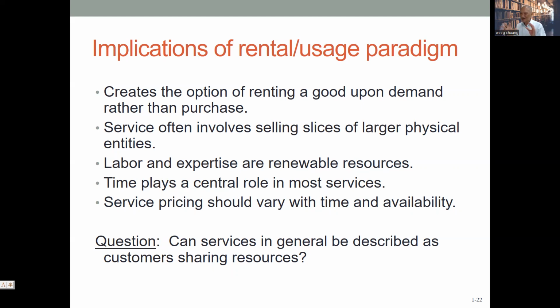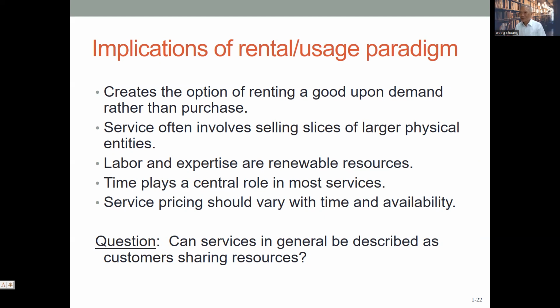So there's an alternative to purchase. You offer the customer the opportunity to rent instead of purchase the service. And next, service often involves selling slices of larger physical entities, like the space rental example we mentioned.